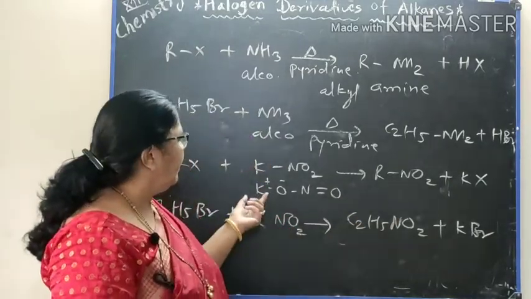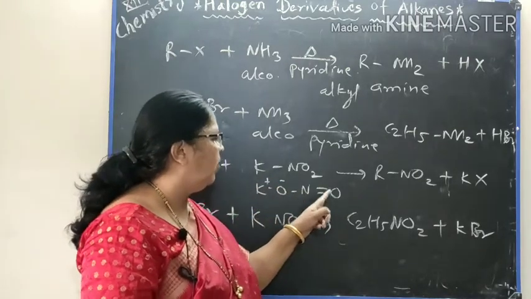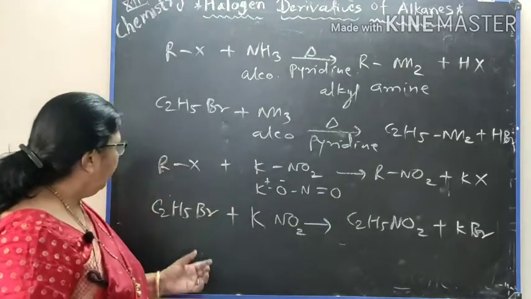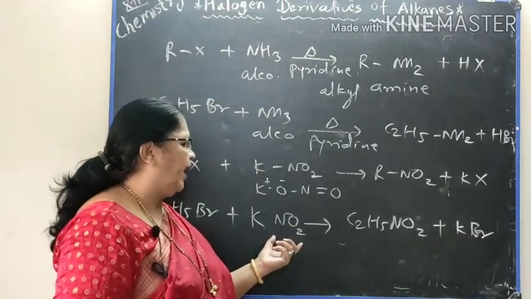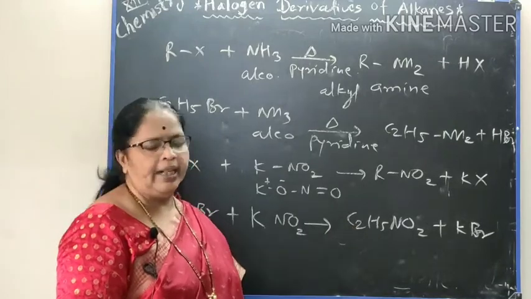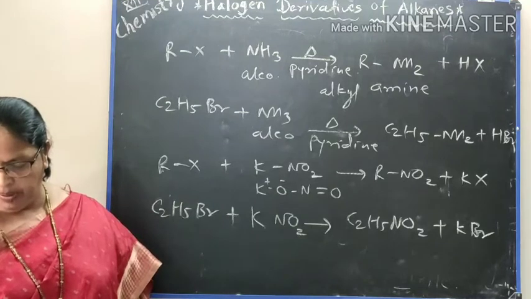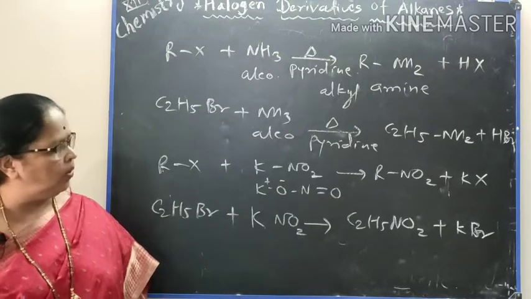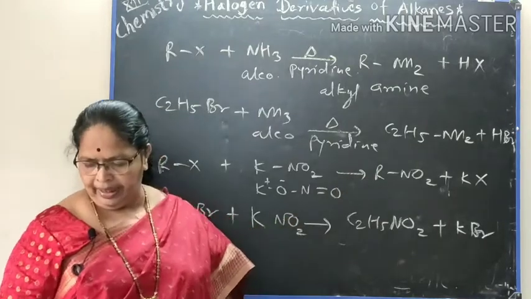It is also represented as K plus dash O minus dash N double bond O. Again here, ethyl bromide is treated with potassium nitrite. It gives ethyl nitrite with potassium bromide. Again, it is also called ethyl nitrite or alkyl nitrite.